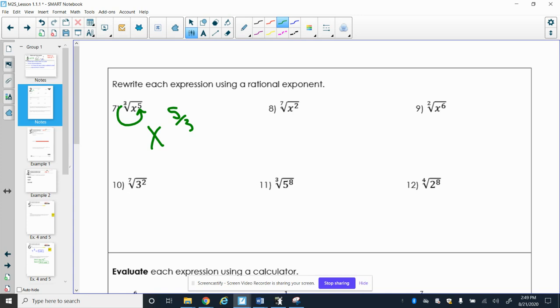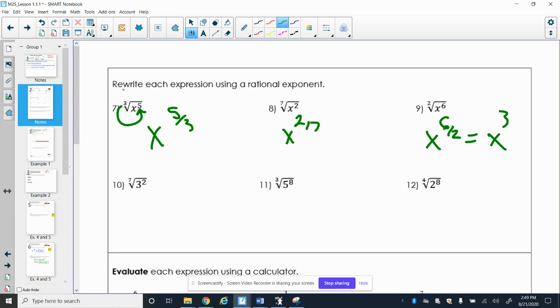So here the 7 comes to the bottom, x to the 2 over 7 power. This one right here, x to the 6 over 2 power. Now here, this one we can simplify a little further because our exponent is now 6 over 2. Well, that can be simplified. 6 divided by 2 is just 3. That's the same thing as x to the third.